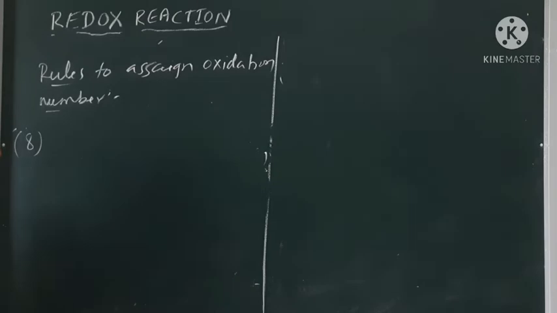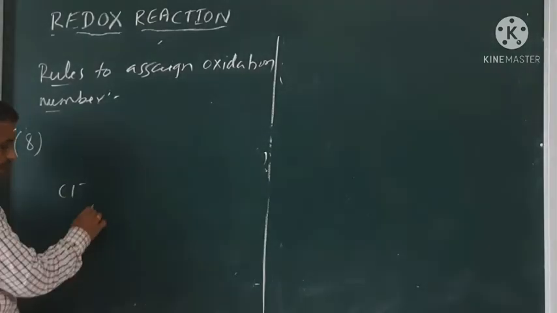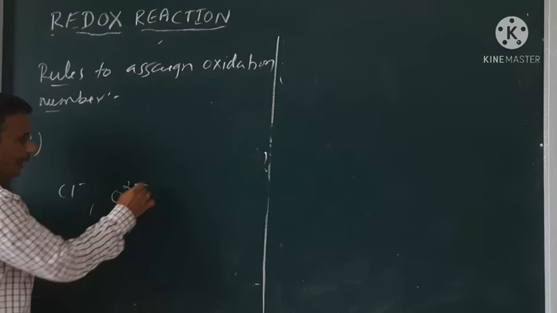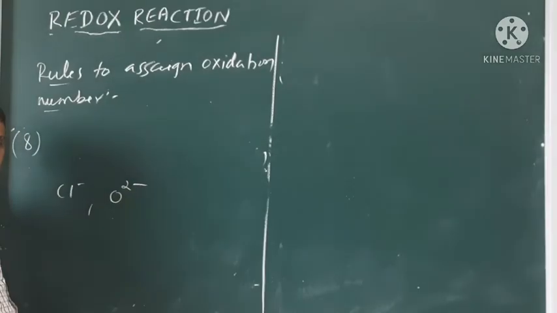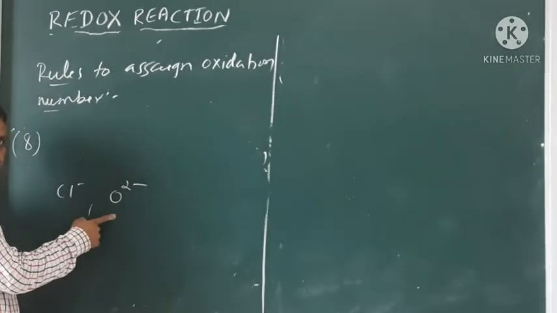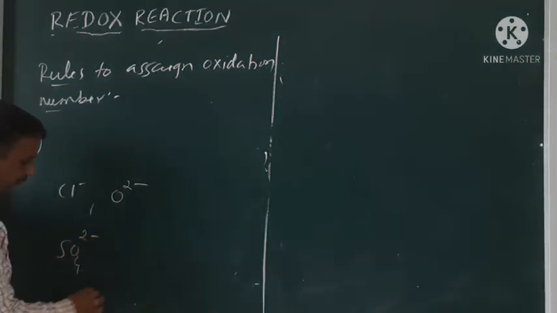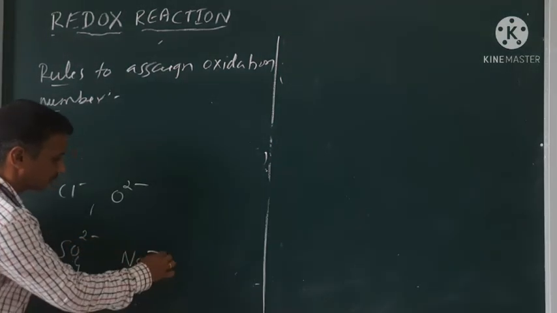Cl minus, what is this? Cl minus, O2 minus. These are all ions. SO4 2 minus ion, NO3 minus ion also.